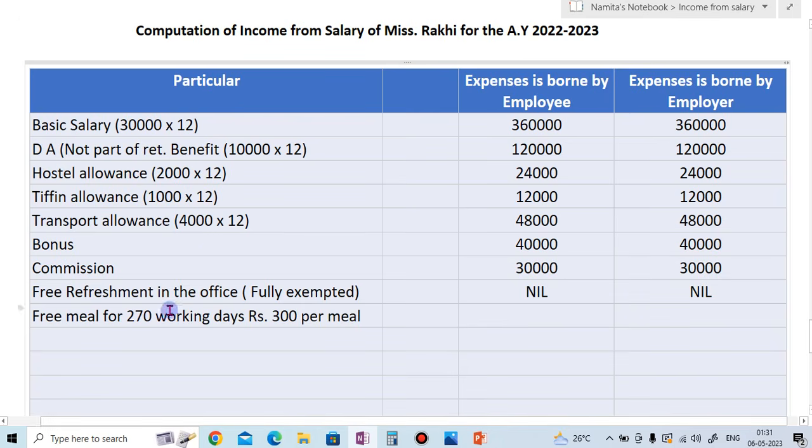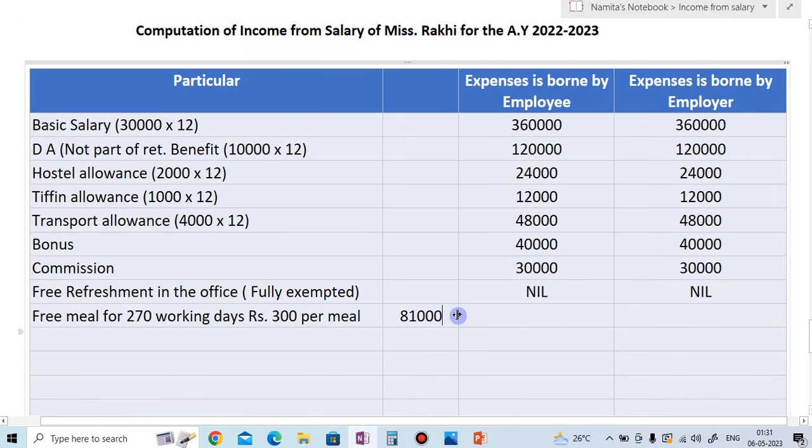So 270 multiplied by 300, the value will be 81,000. How did I get 81,000? By multiplying 270 by 300. Okay. So the total working days of Miss Raki is 270 and per meal was 300 rupees. So 270 multiplied by 300 gives 81,000.